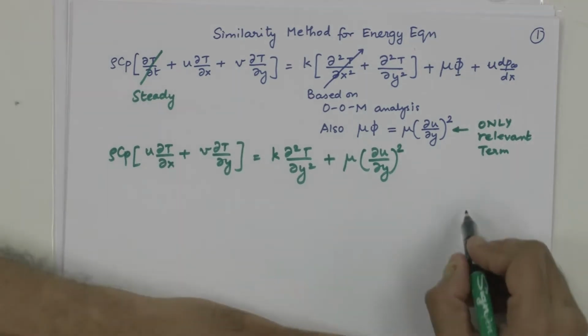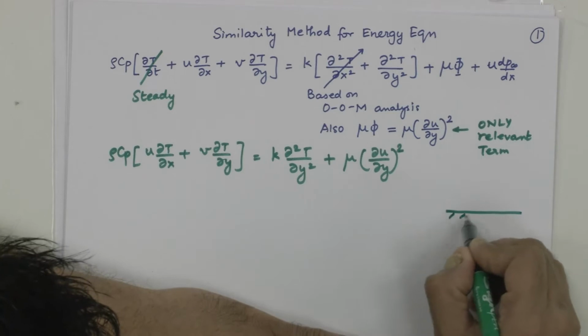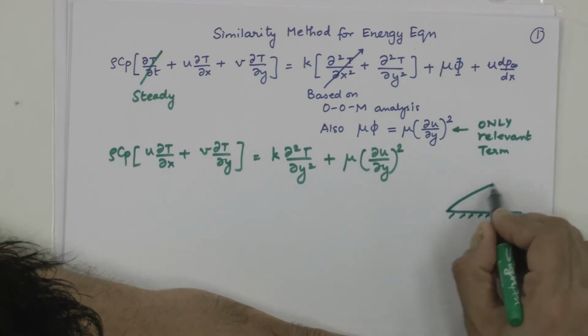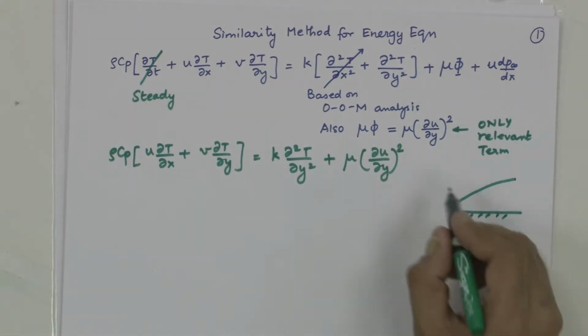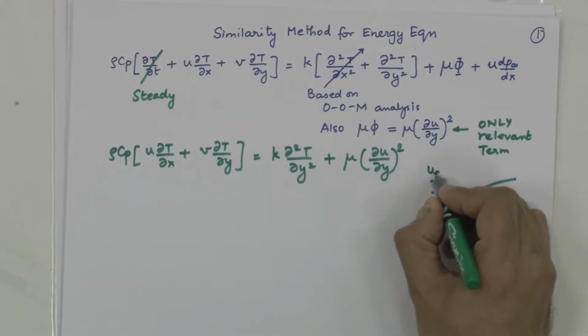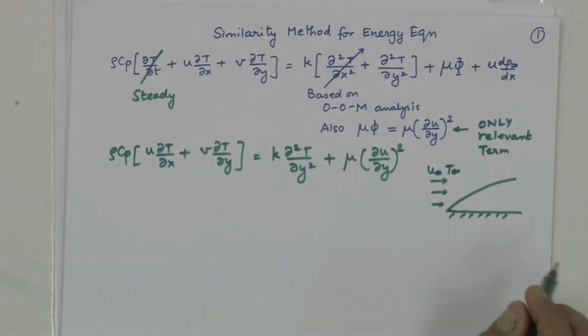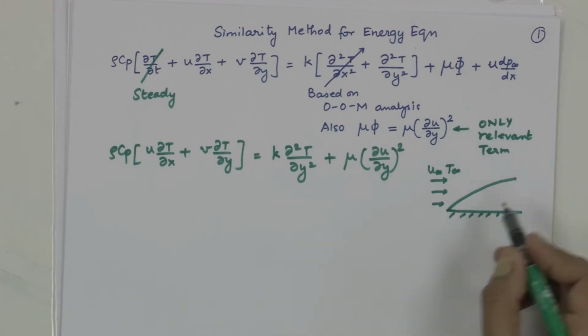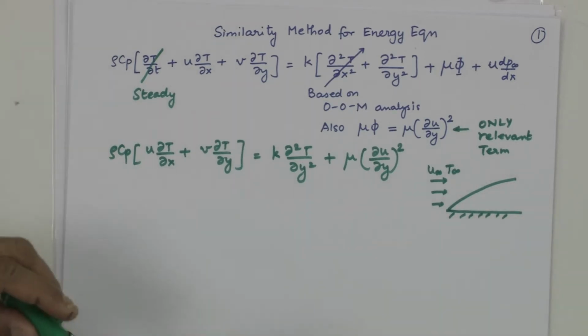And one of the special cases is flow over a flat plate. We do the same analysis as we did for flow over a wedge, and this will be simplified to flow over a flat plate.